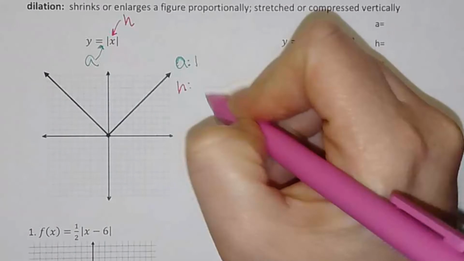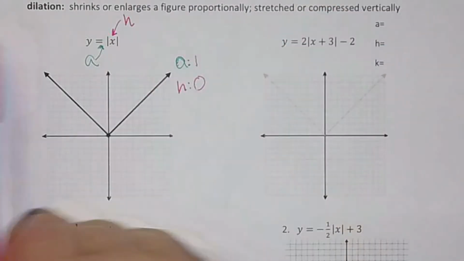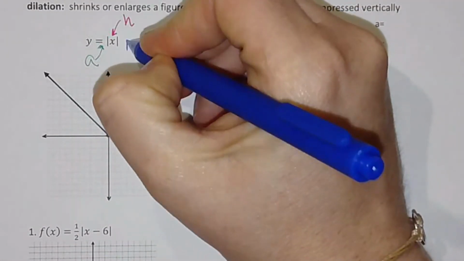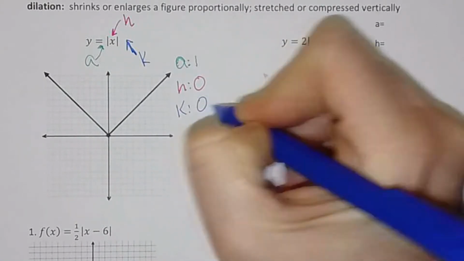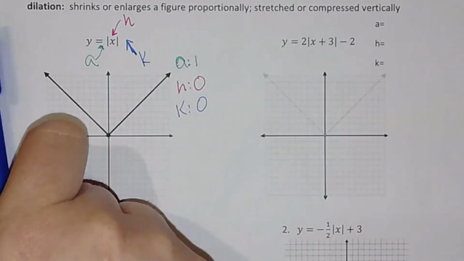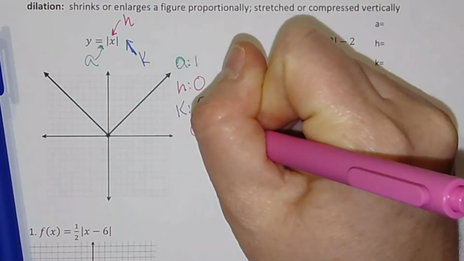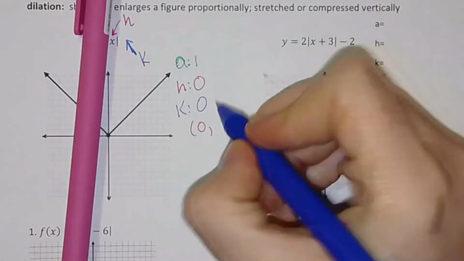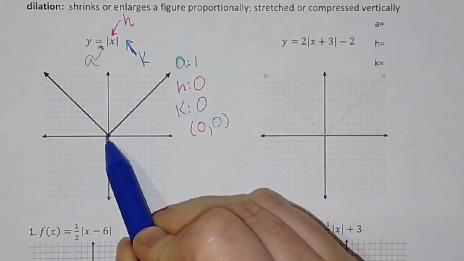H is the value that we add or subtract to x. Nothing's being added or subtracted, which is 0. And then outside, we have k, and in this case, 0 as well. So our starting point, which is our h, k, where we start plotting our points, is going to be 0, 0.